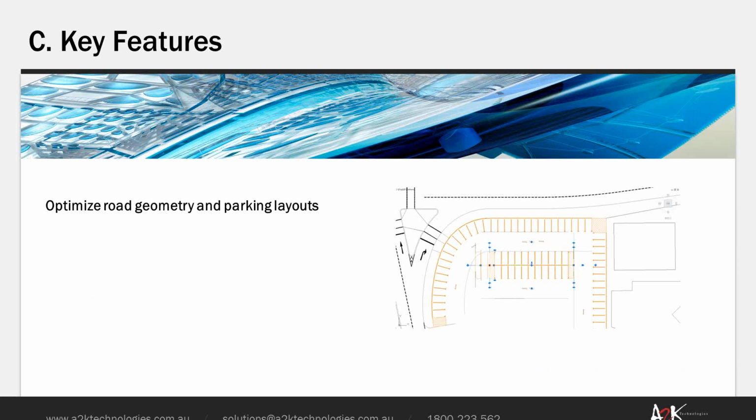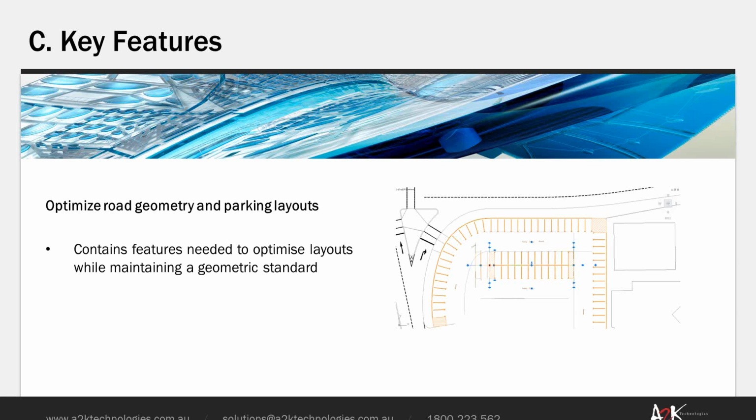The next item, which I touched on earlier, is optimizing what we call road geometry and parking layouts. This is a great feature because it uses dynamic objects. The geometric standard is built into this, so if you're in Australia, you use the Australian standard.